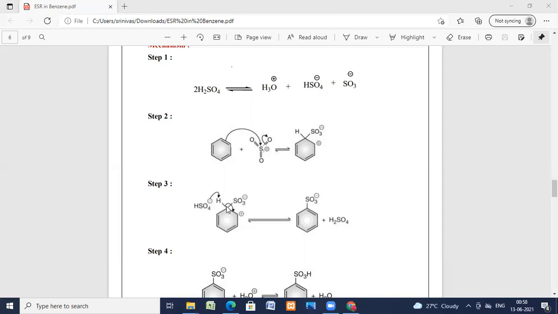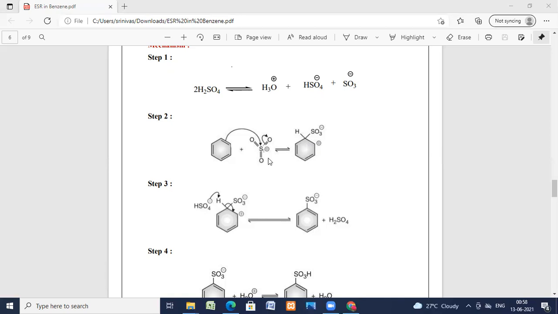These electrons are shifting to this carbon. The carbon gets a negative charge. Finally, SO3- is formed, and on reaction with H3O+ you get SO3H, benzene sulfonic acid. And in step 2, you are getting the carbocation.